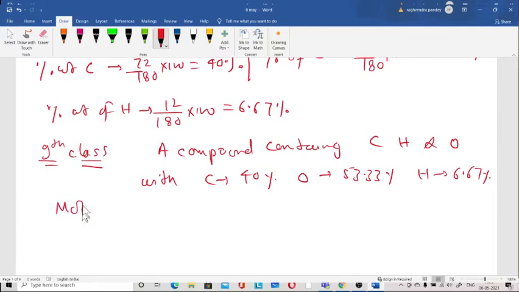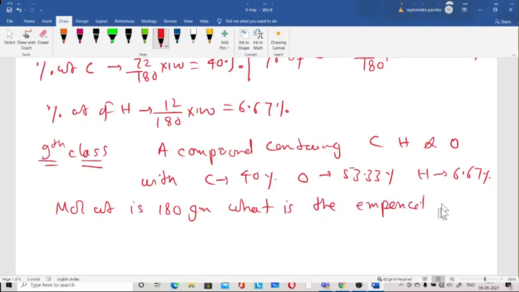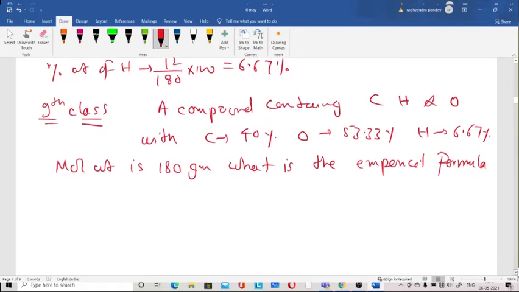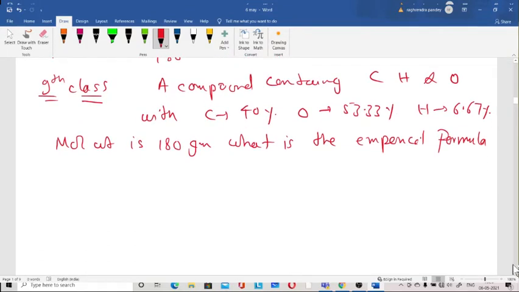Molecular weight is 180 gram. What is the empirical formula? I know that you have solved this type of question various times, but I am just giving you an example so that you can revive your memory.